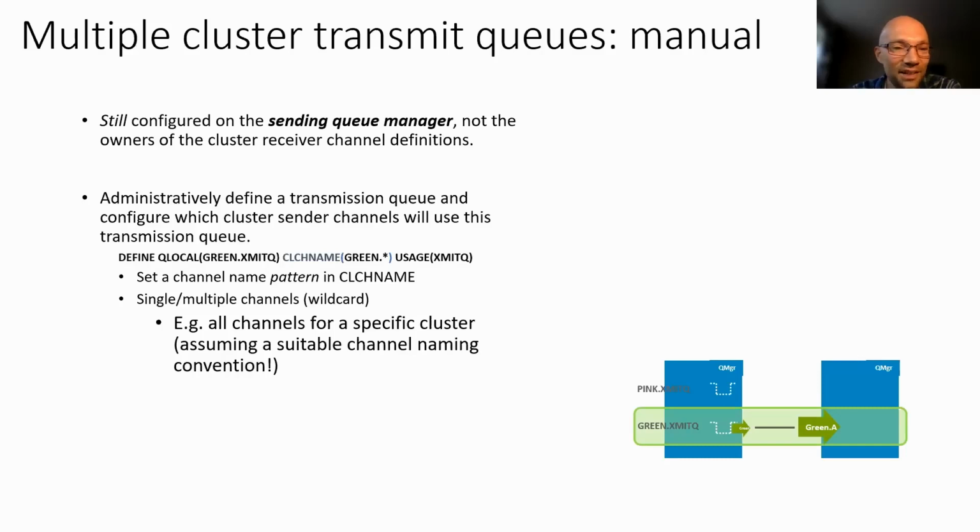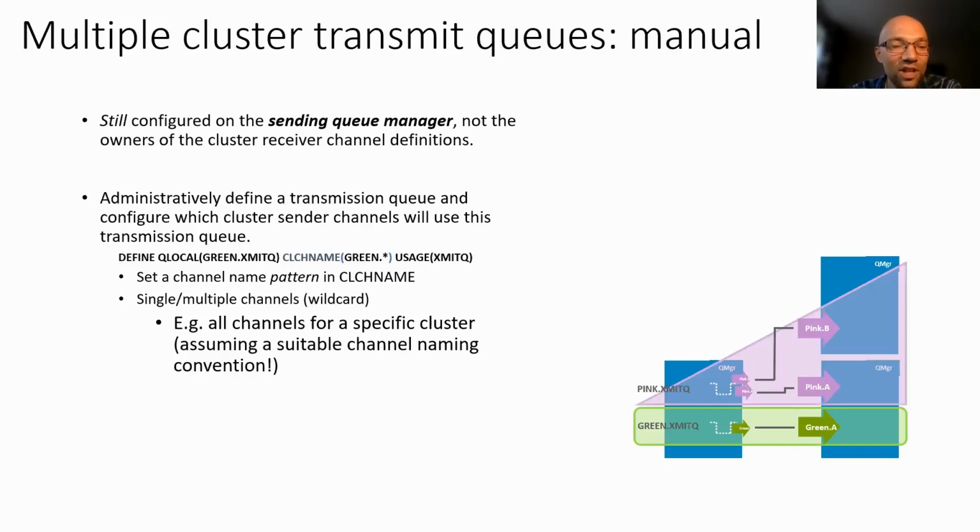So channels to any other queue manager in the green cluster will use that transmission queue. And if you were to define a pink XMIT queue, then any channels to queue managers in the pink cluster would use that one. So you've managed to now separate out the messages for 2 different clusters onto 2 different transmission queues, so they don't interfere with each other.